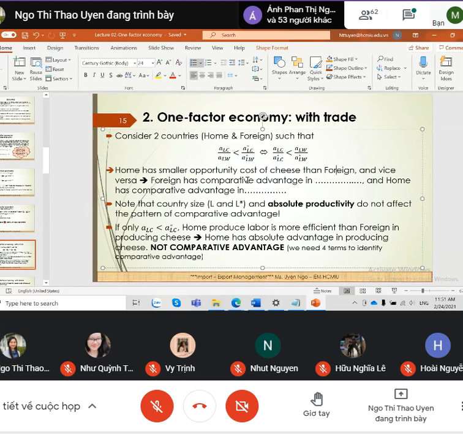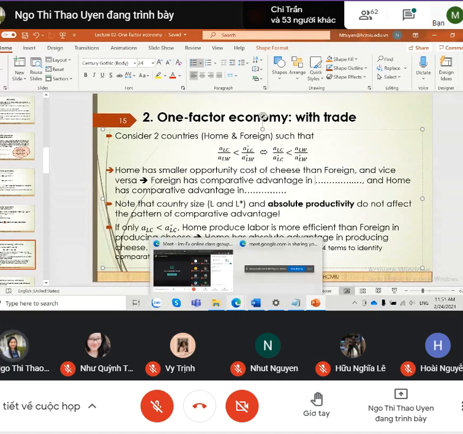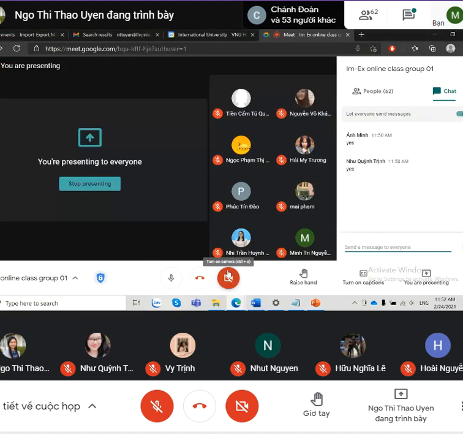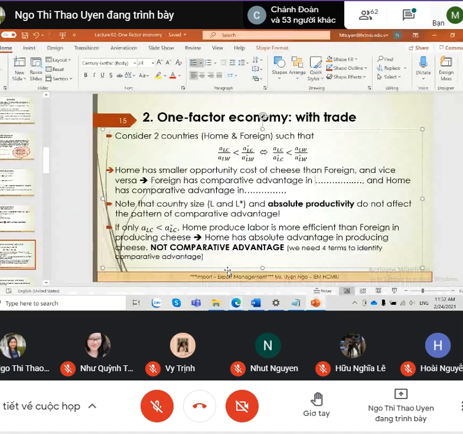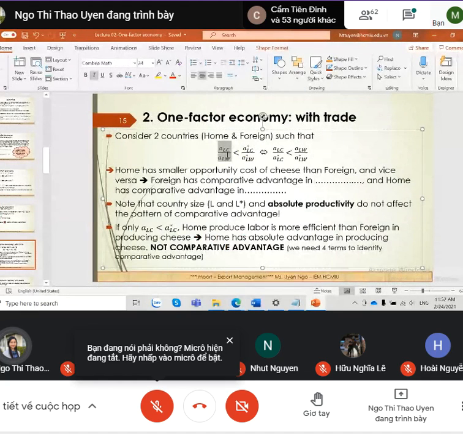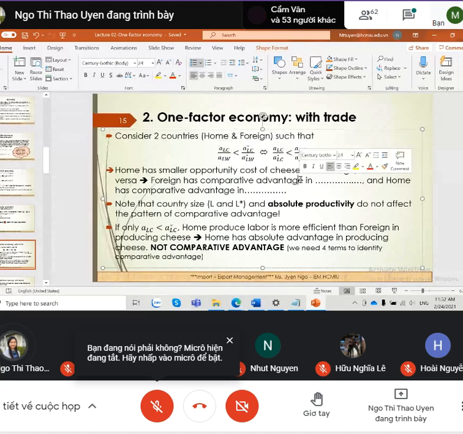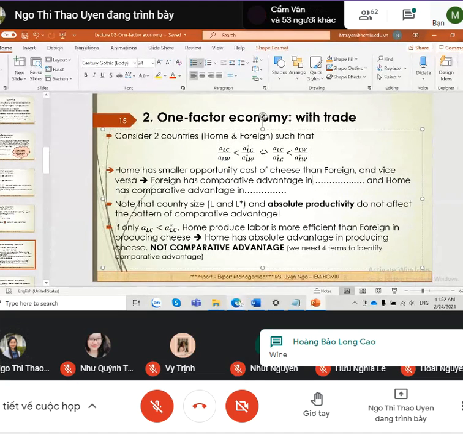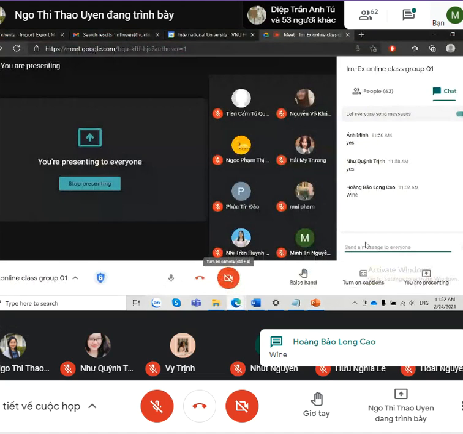So foreign has comparative advantage in what product? Home has smaller opportunity cost of cheese in terms of wine. So foreign has comparative advantage in wine.